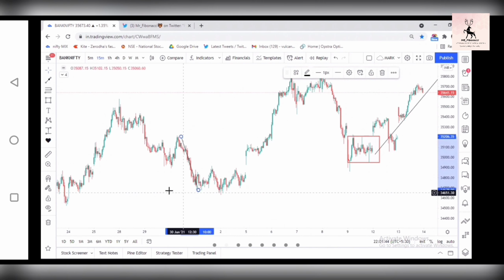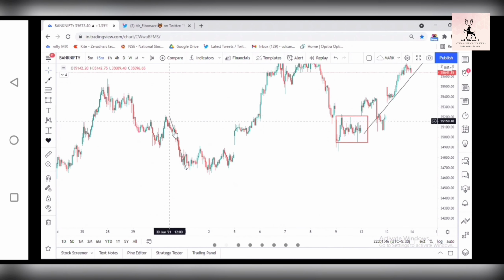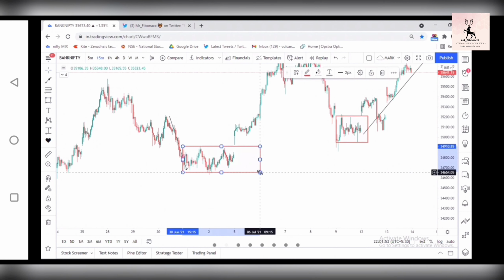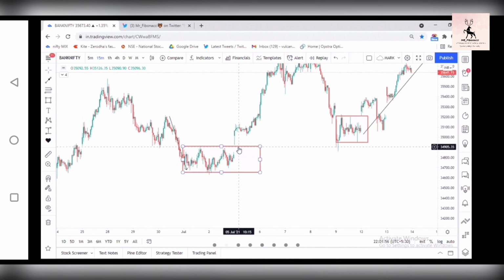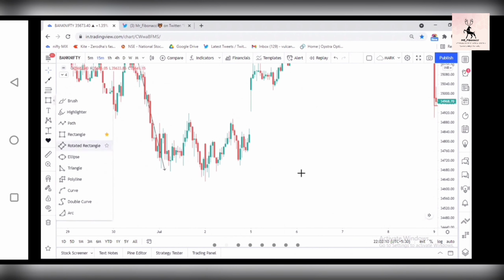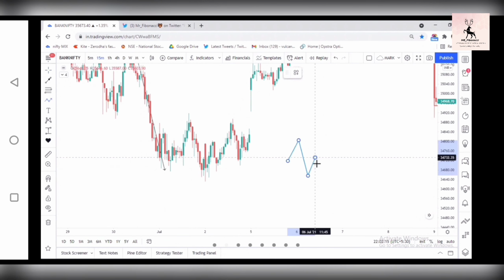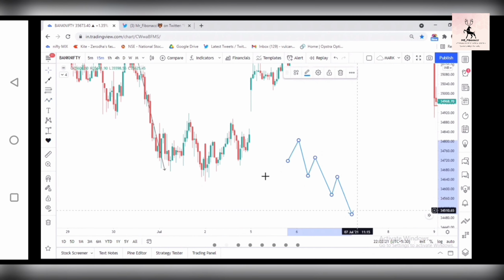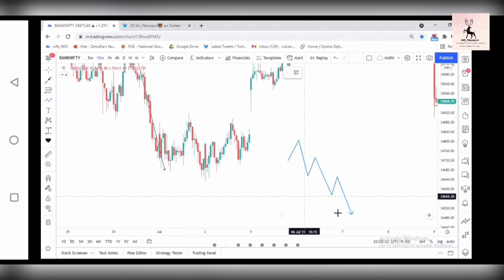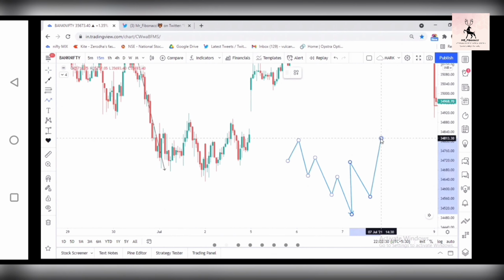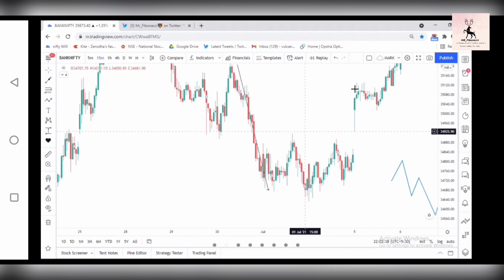See, again the market was coming down and buyers absorbed the selling pressure. See how the market was going down, and at a sudden point there is a break of structure, when the market, before making lower lows and lower highs, is now creating higher lows and higher highs.